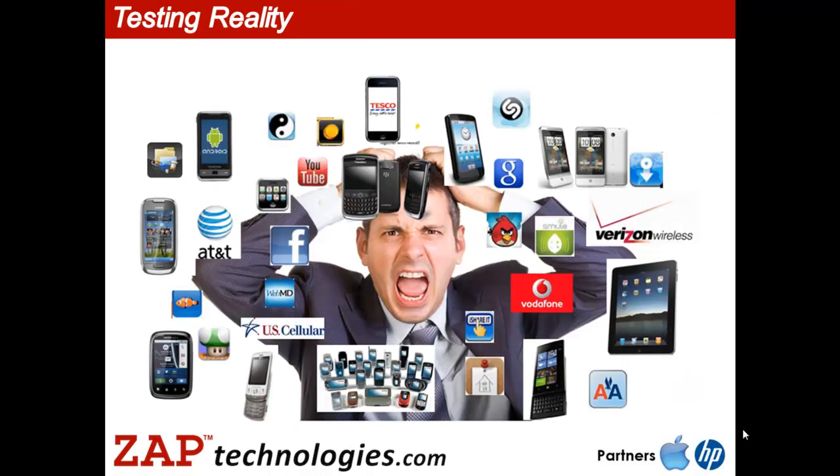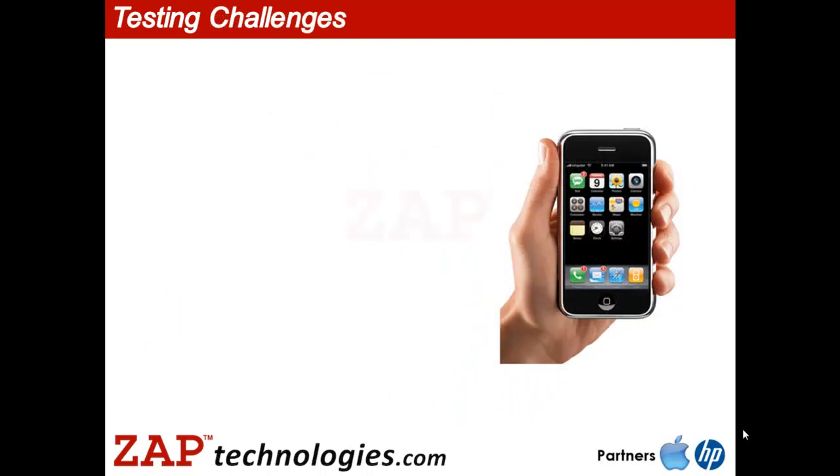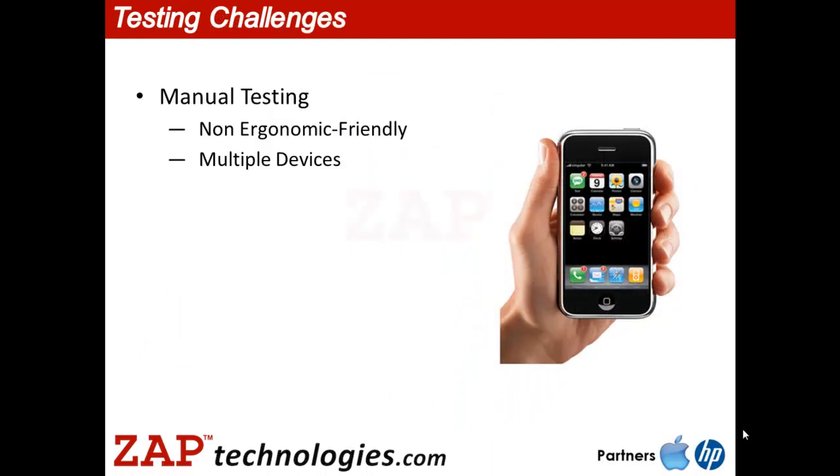Testing reality today looks something like this picture. In testing and test automation today, we're facing a diversity of platforms and devices, and that brings all kinds of challenges along the side. Specifically, in manual testing, we're facing a non-ergonomic-friendly, multiple-device environment.